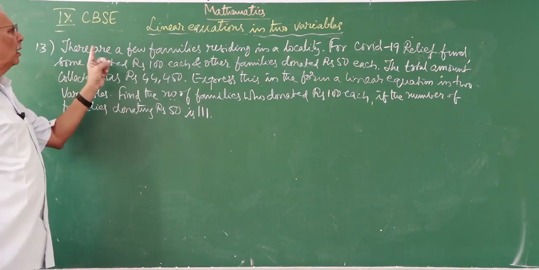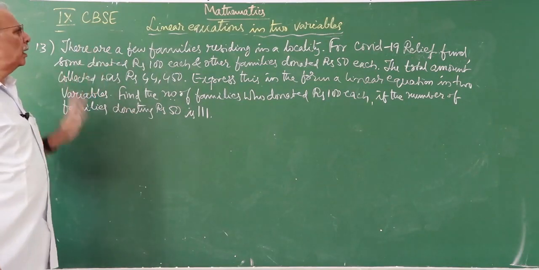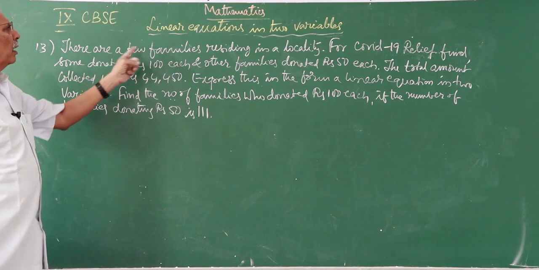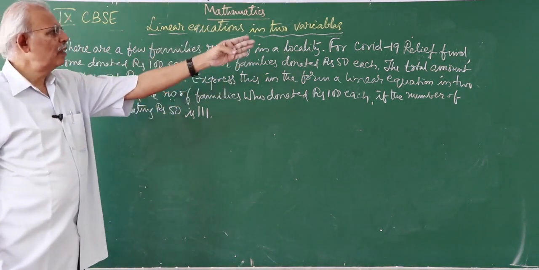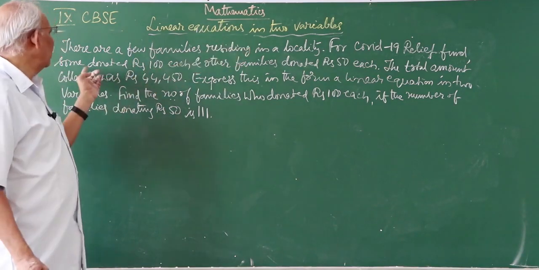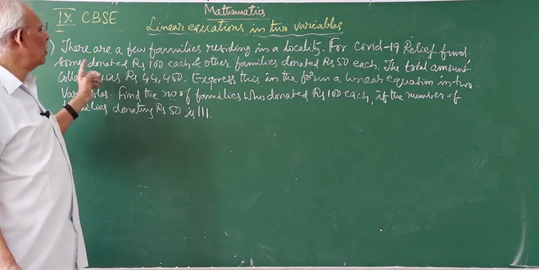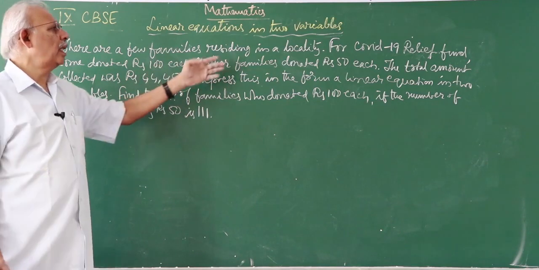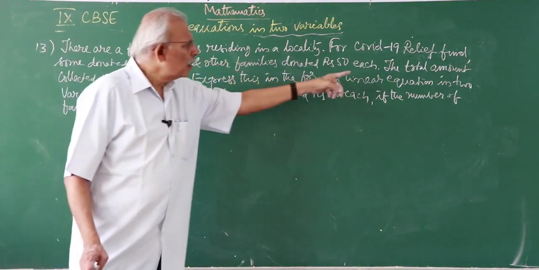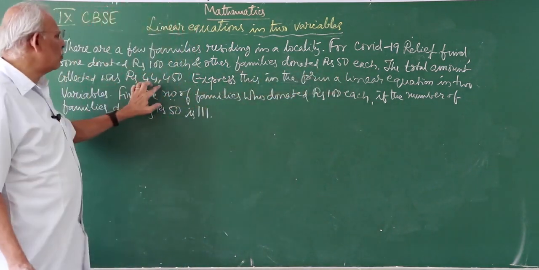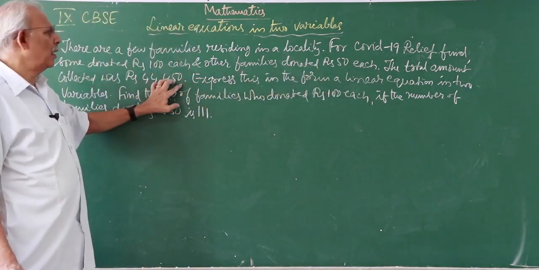Look here. Here there are a few families residing in a locality for the COVID-19 relief fund. Some families donated rupees 100 and other families donated rupees 50. Next, the total amount collected was rupees 44,450.